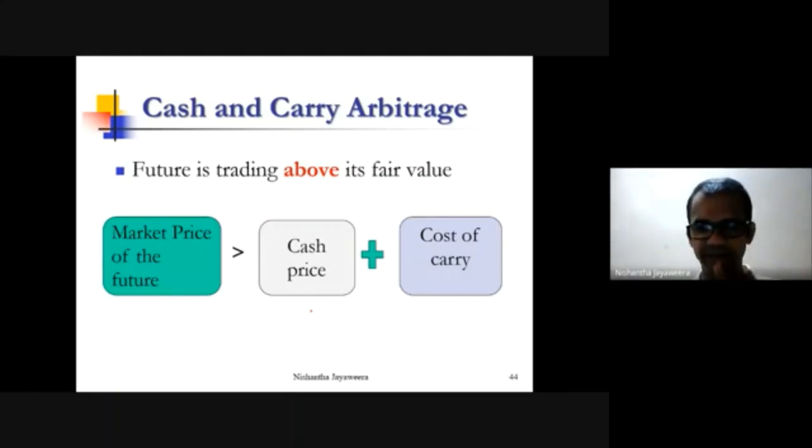So we'll consider that there can be two opportunities, two ways of arbitrage. One is when you go to the market and check the price of a futures contract, you observe the market price. If it is higher than the cash price plus the cost of carry, that means this is the model price using our model.